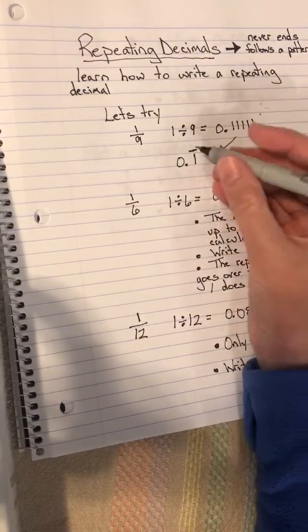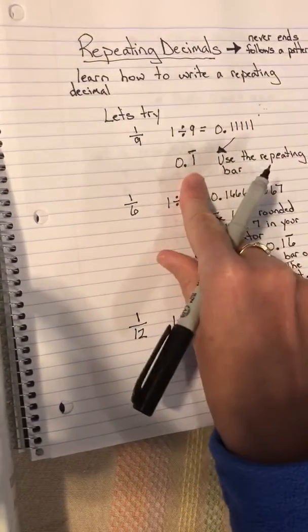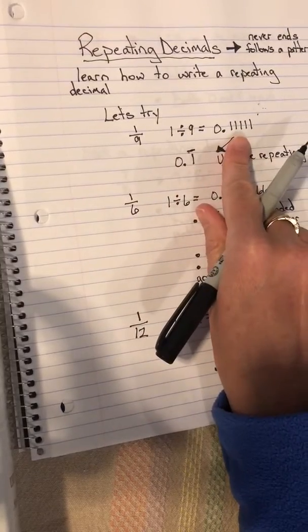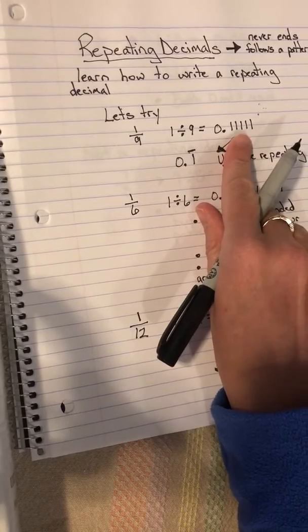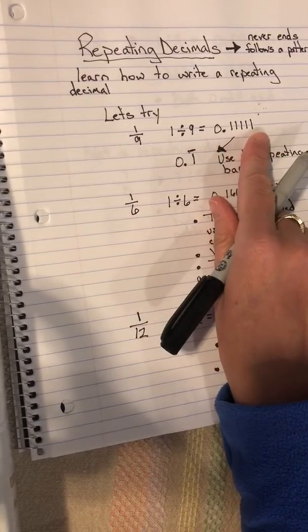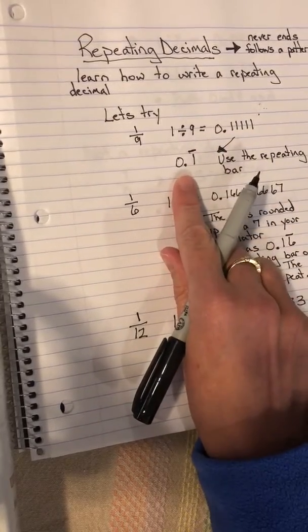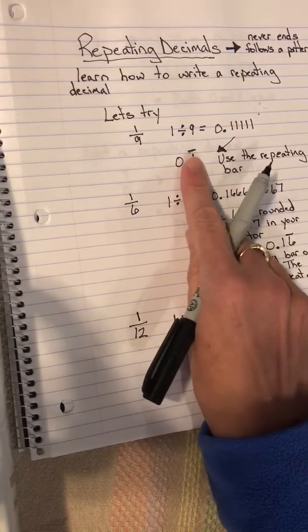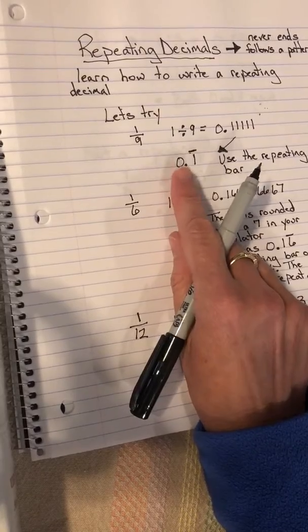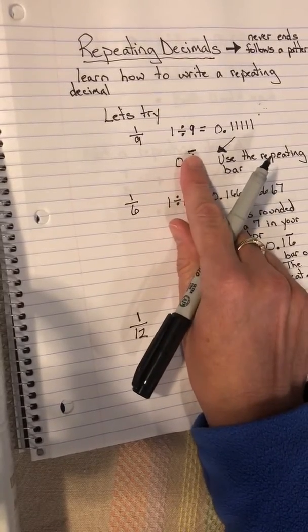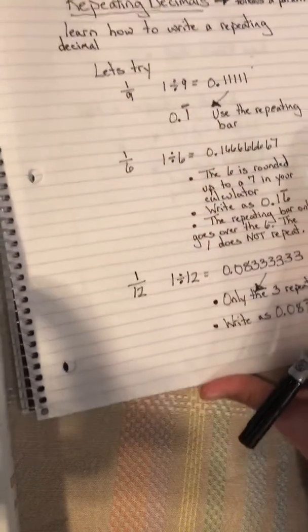You use the repeating bar to put it over the number that repeats in the decimal. In this case, it's the 1 that is repeating, so we would write it as 0.1 with the bar on top, and mathematicians would say 0.1 repeating when they read that problem.